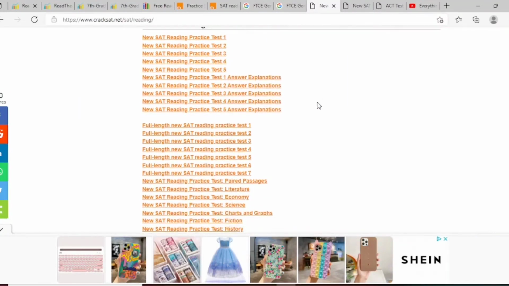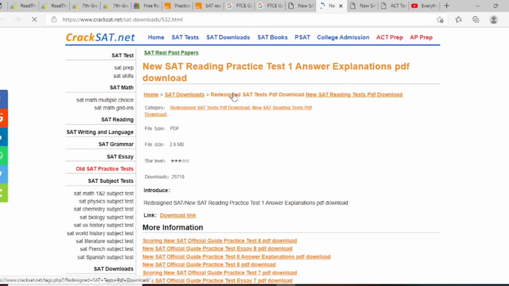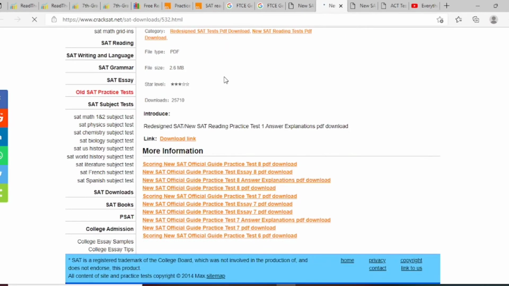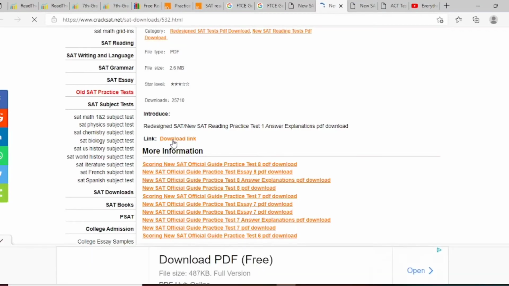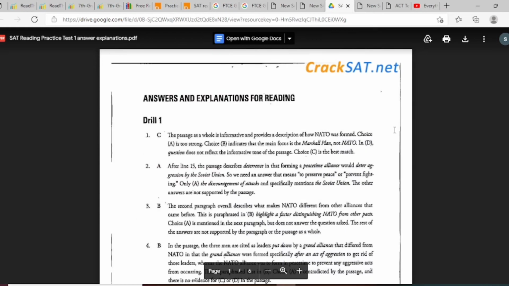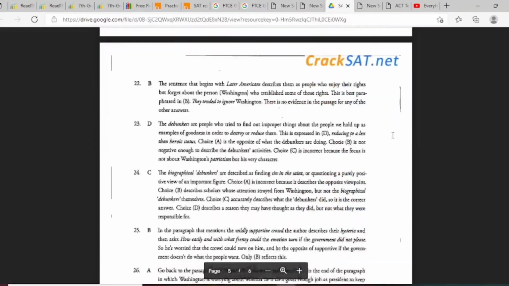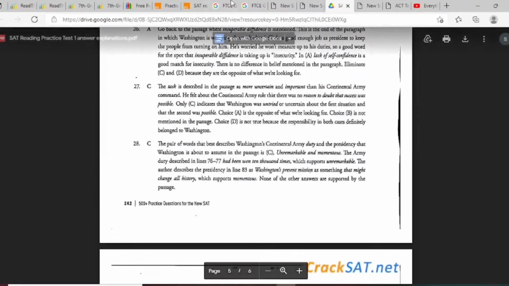You can scroll down to here as well. You have to press what I just pressed a while ago, then you press download link, and then download link again, and you're going to see a PDF come up. Oh, no, these are just the answers.